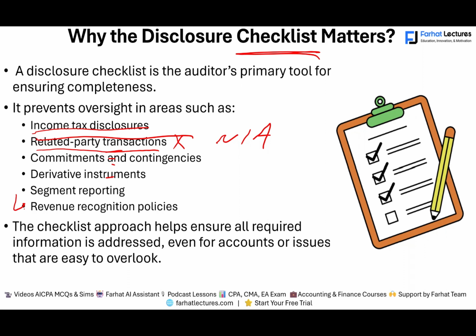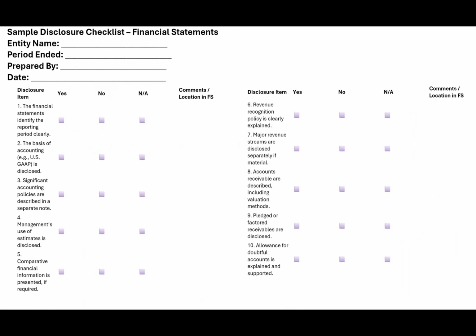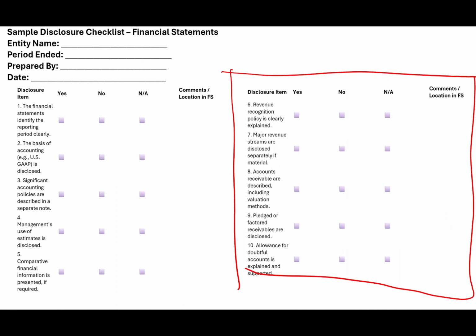Now I'm going to show you a sample revenue recognition policy. For example, this is a checklist, and this is the revenue recognition. So this is the sample disclosure checklist, the entity's name, the period, who prepared it. For example, I prepared it on 11/25/7. And I would say, for example, disclosure item, revenue recognition policy is clearly explained, and it should be yes.